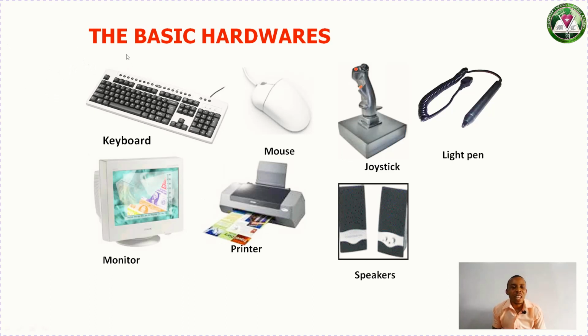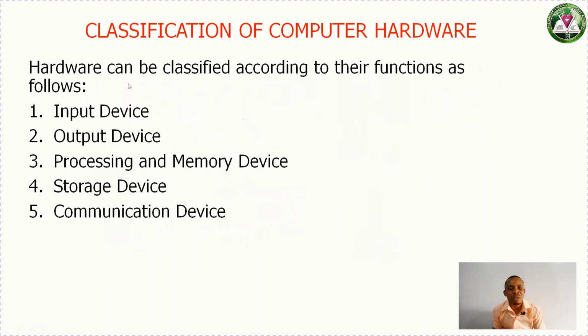Okay, let's move over to the next one. All these basic hardware groups are classified into different parts. They are classified into input devices, output devices, processing devices, storage devices, and communication devices.